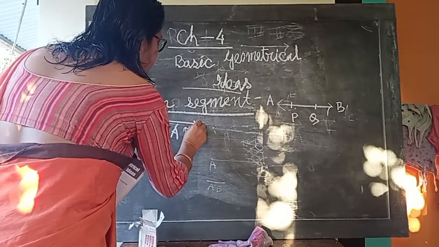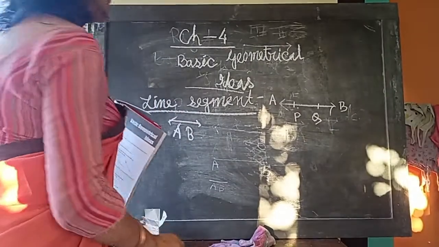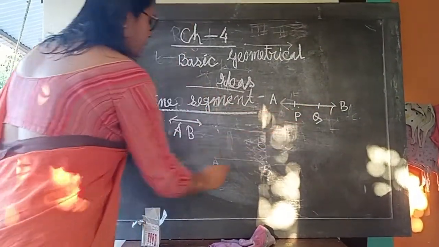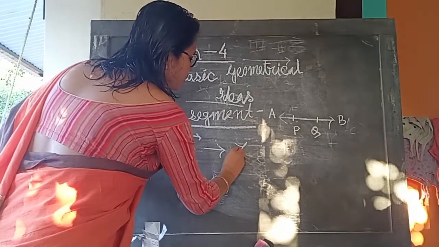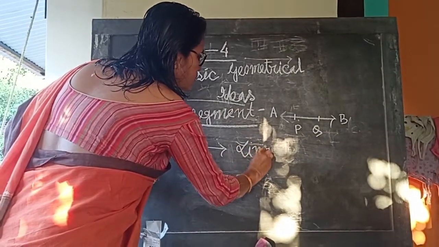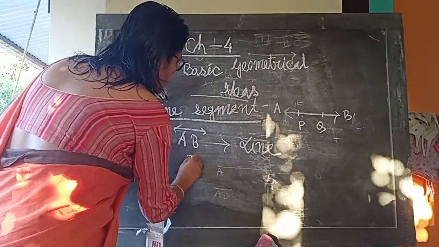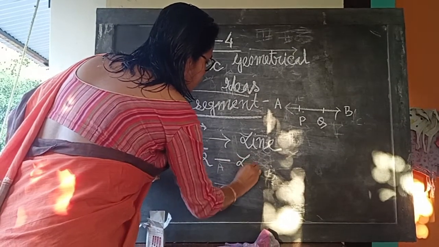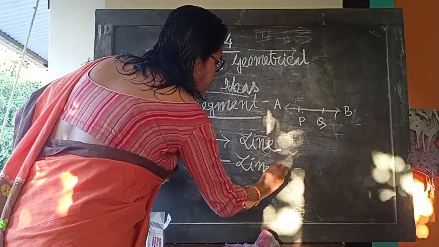We represent it like this. AB is a line, and PQ is a part of this line. So PQ is a line segment.